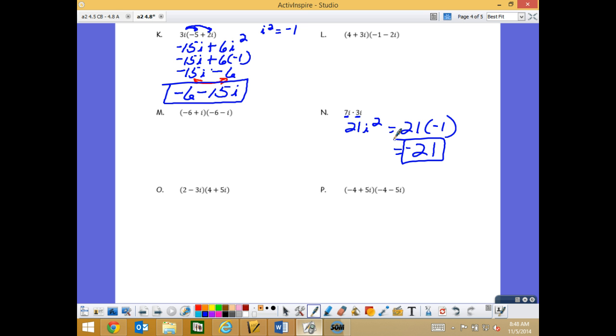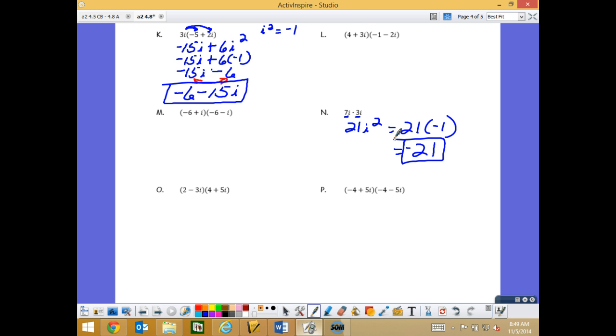So now with the FOILing of these, when we're multiplying two true complex numbers, we're going to do it the same way we did 4 plus 3x times negative 1 minus 2x. We're going to treat the i as a normal variable. The only difference is if we end up with an i squared, that's going to be equal to negative 1.